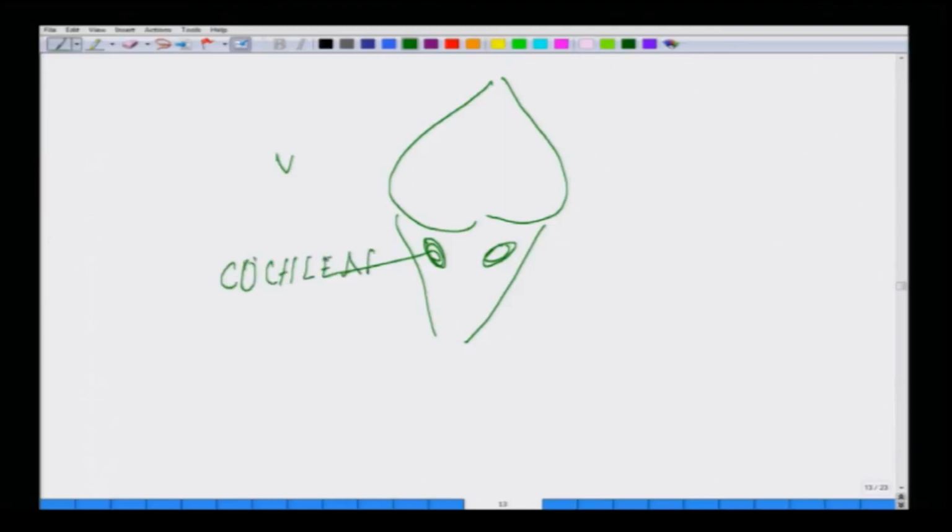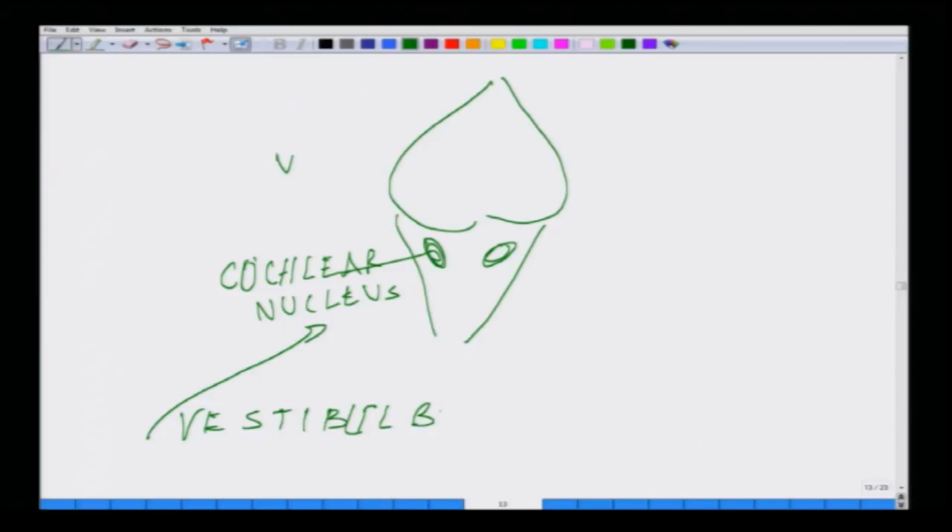In the cochlear nucleus, the signal is sent from the cochlea by a series of nerves called vestibulocochlear nerves.